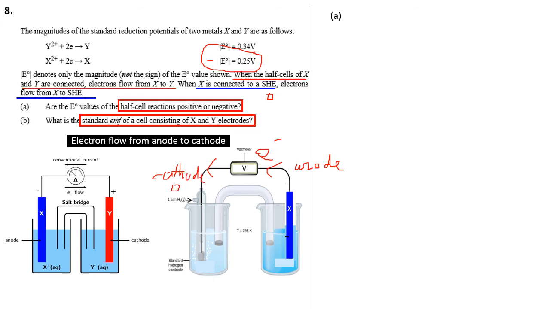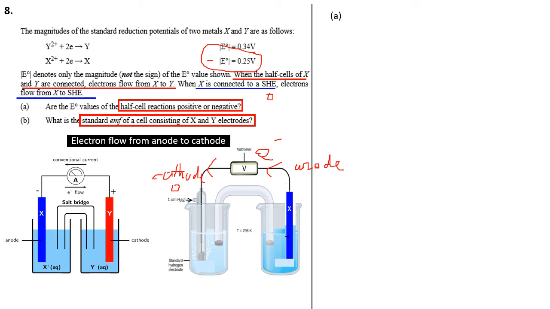Again, confirm that the standard reduction potential for X is negative 0.25 volt.